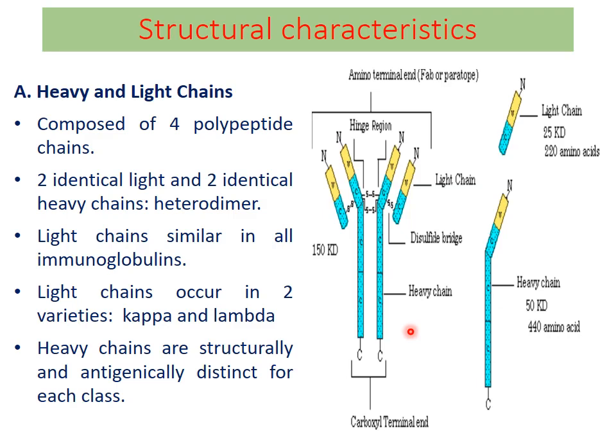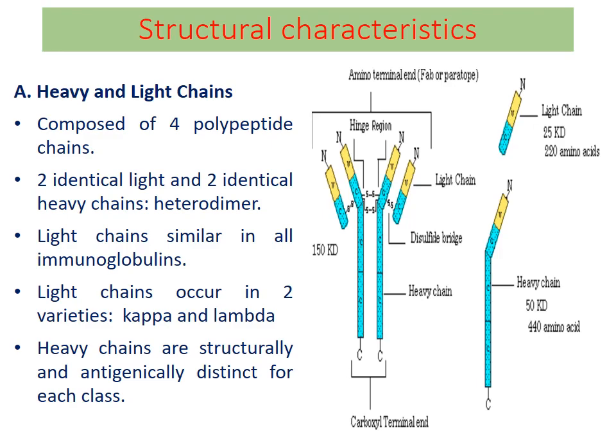There are 5 types of heavy chain, that is gamma, alpha, mu, delta and epsilon, according to which there are 5 broad classes of immunoglobulin, G, A, M, D, E respectively. So 2 heavy chains and 2 light chains. Light chains are identical, kappa or lambda, and heavy chains are 5 types.